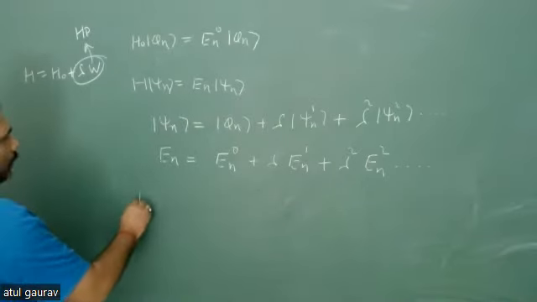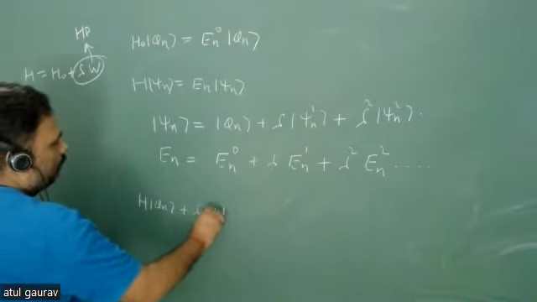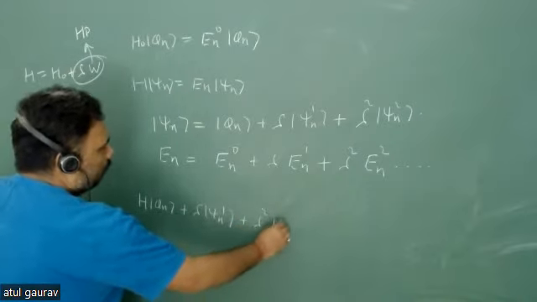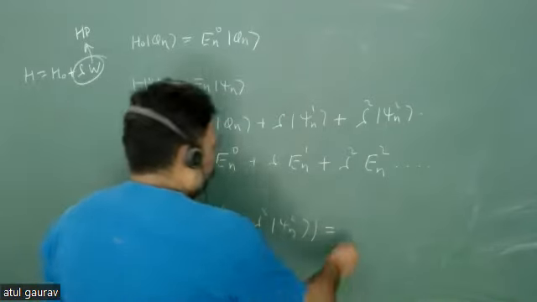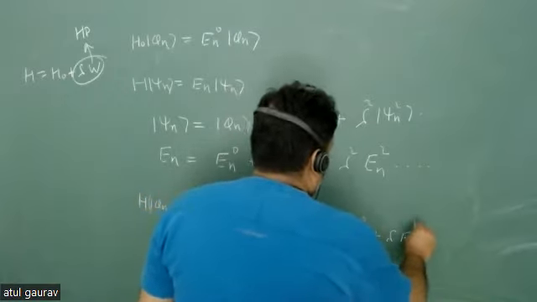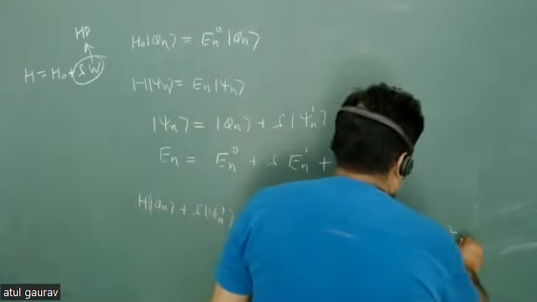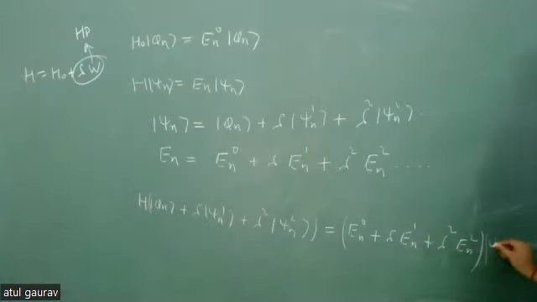So what will happen? H times phi n plus lambda psi n1 plus lambda square psi n2 must be equal to En0 plus lambda En1 plus lambda square En2, times phi n plus lambda psi n1 plus lambda square psi n2 and so on.